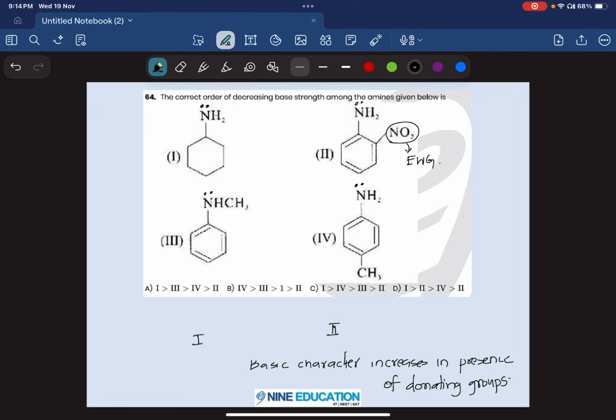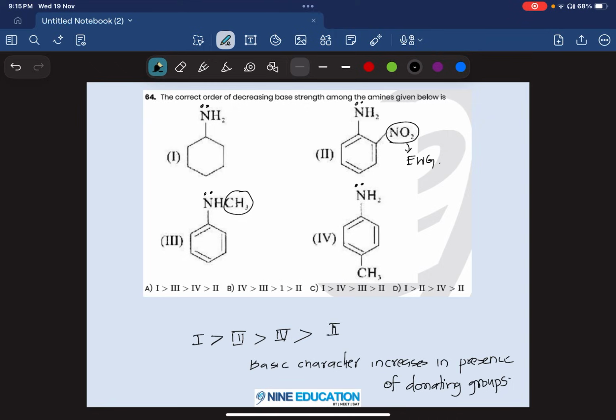Out of 3 and 4, the third molecule would have more basic nature than the fourth molecule. Because in the third molecule, the nitrogen is directly linked to a methyl group, which is a donating group. Since this donating group further enhances the lone pair donating ability of nitrogen, this nitrogen would be able to donate electrons easier.